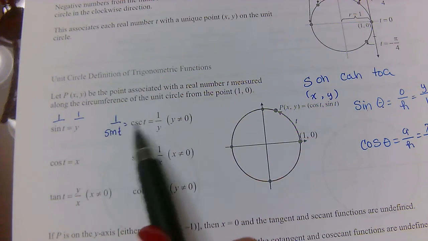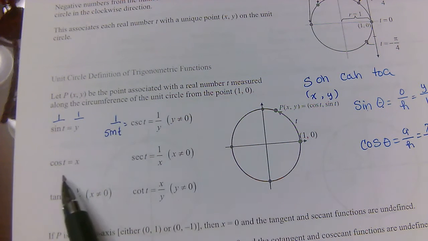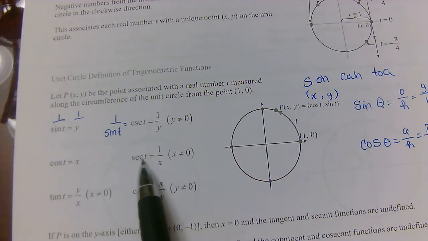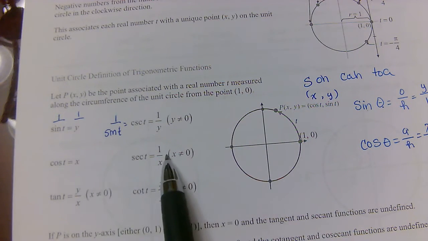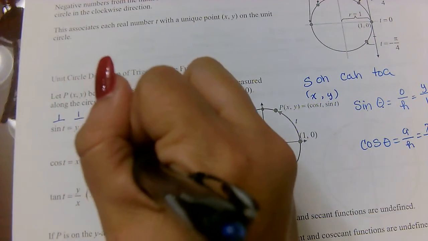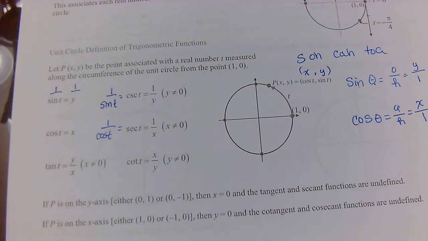So 1 over sine is the same thing as saying cosecant equals 1 over y. Same thing here. 1 over cosine is the same thing as secant, 1 over x. So this is the same thing as 1 over cosine t. This is the same thing as 1 over tangent. We're going to see this actually a lot as we go through.